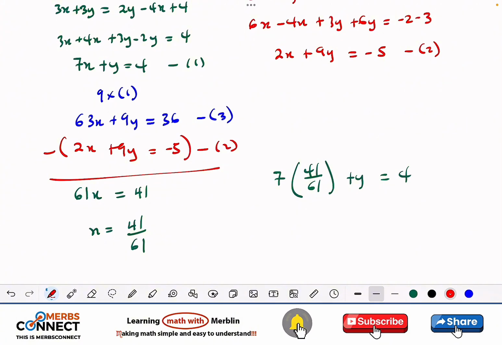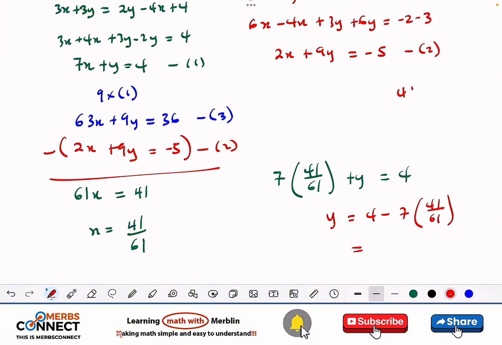So, can 7 divide 61? I'm not sure. This is a lot. Okay, so I'll do it this way. y is equal to 4 minus 7 times 41 divided by 61. I don't have a calculator, so I'll do it manually.